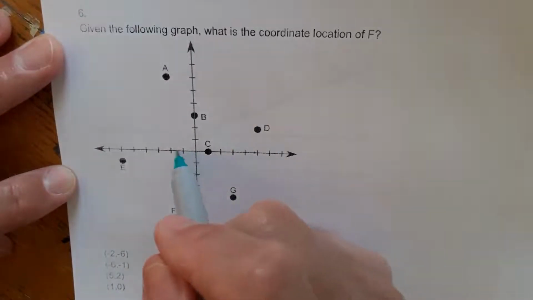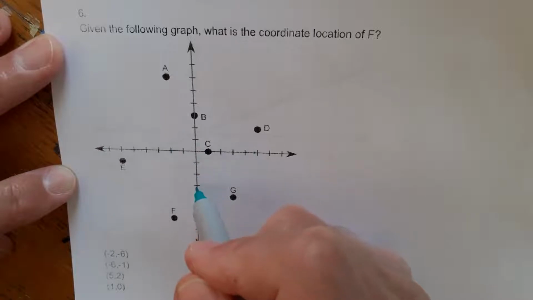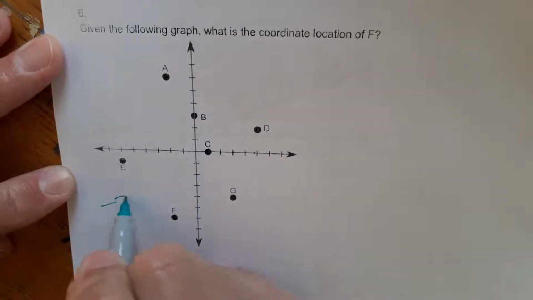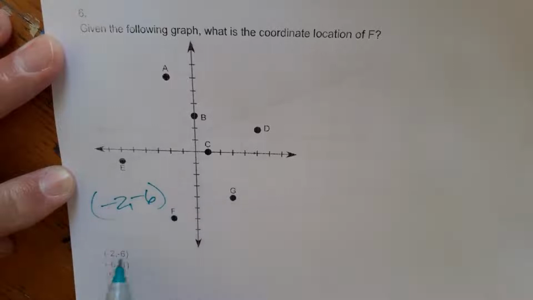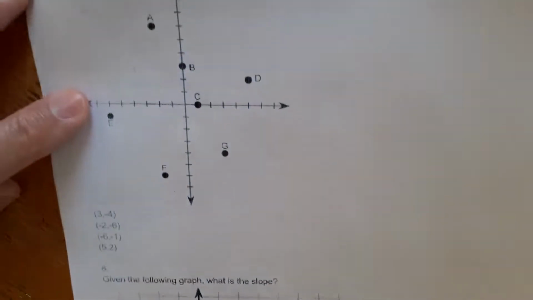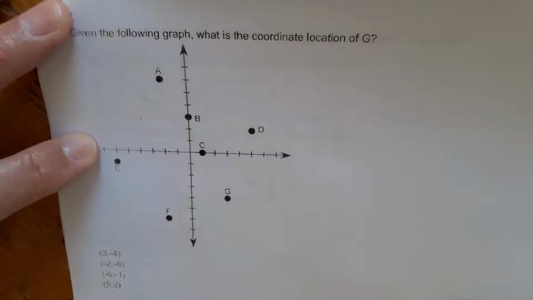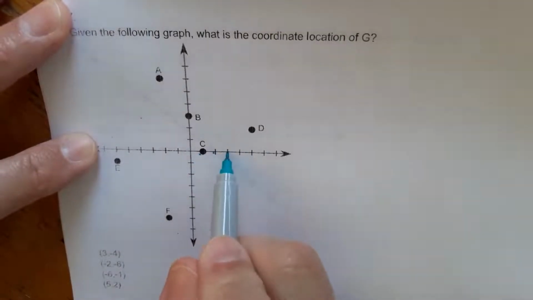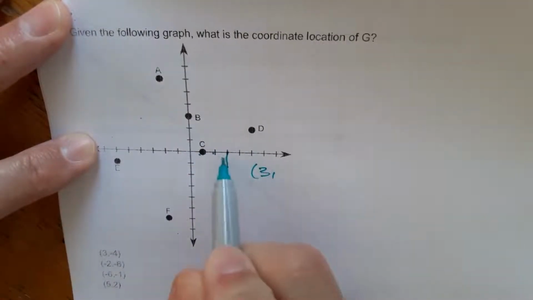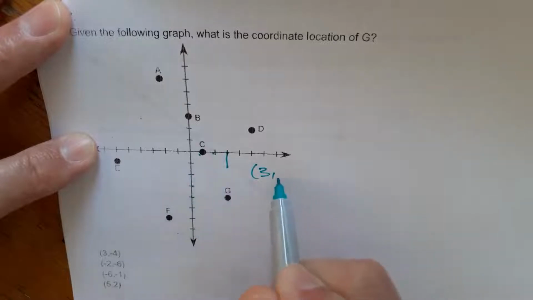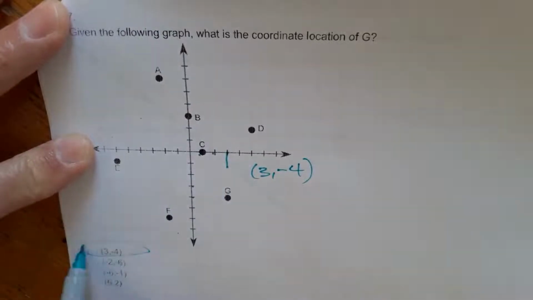F is here, -2, -1, 2, 3, 4, 5, 6. (-2, -6). And notice I'm going a little bit faster and expecting you to be able to count it out yourself. How about G? Here's G, 1, 2, 3. It looks like we're 3 on the x, and we went down 1, 2, 3, 4, -4. So (3, -4).